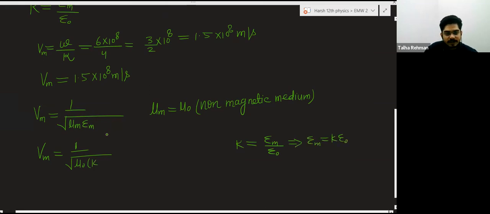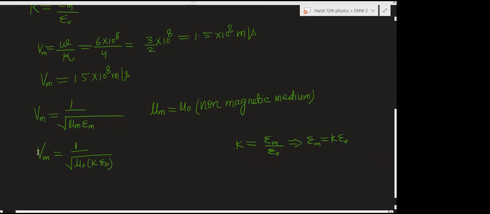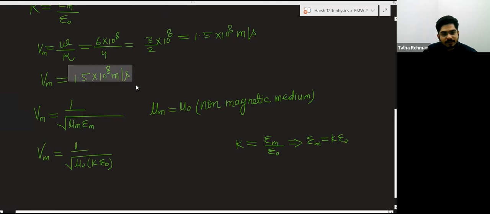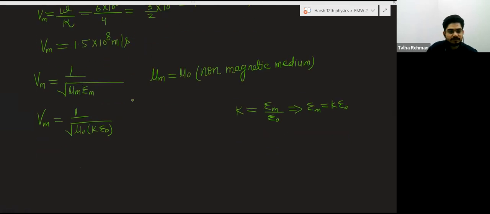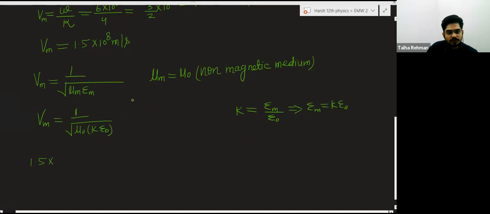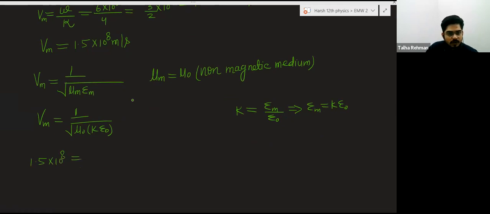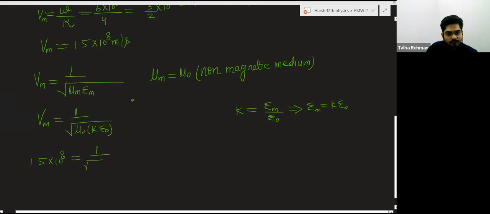Now what value of Vm have we calculated? 1.5 into 10 to the power 8. So it is 1.5 into 10 to the power 8, and this will become 1 upon under root of k, and 1 upon under root of mu naught into epsilon naught.